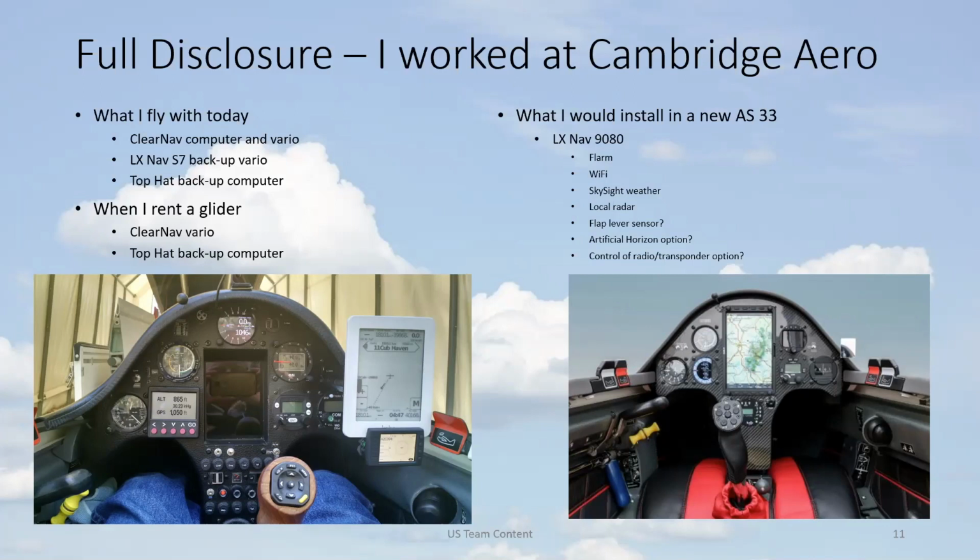And then layered on top of that, if you have a particular task, whether it be a silver distance or a gold distance or your first competition task, it gives you the information on how to get to the various turn points on that task and how to get back.